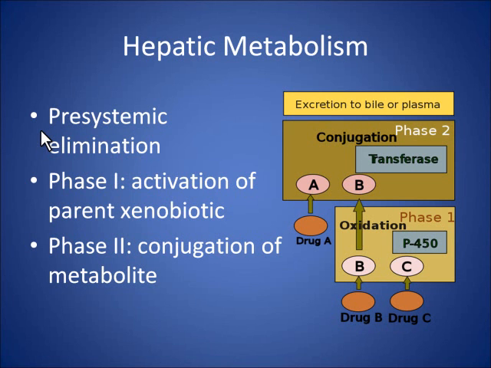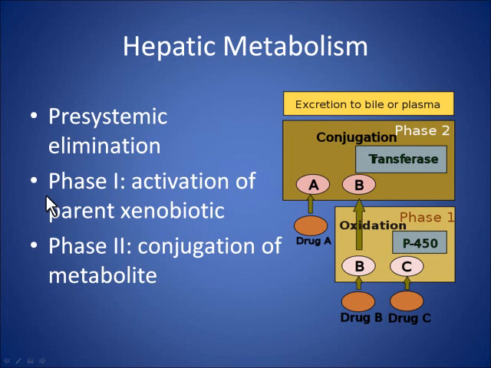There are many metabolic pathways in the liver that can either increase or decrease the toxicity of a xenobiotic. Many hepatic enzymes have multiple xenobiotic substrates, and some xenobiotics can be metabolized through more than one pathway. There are basically two sets of metabolic reactions in the liver.